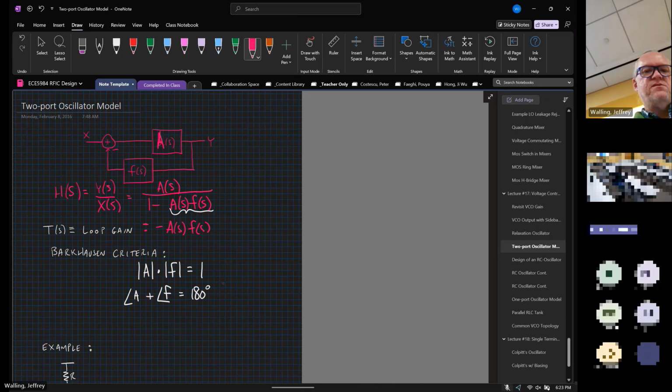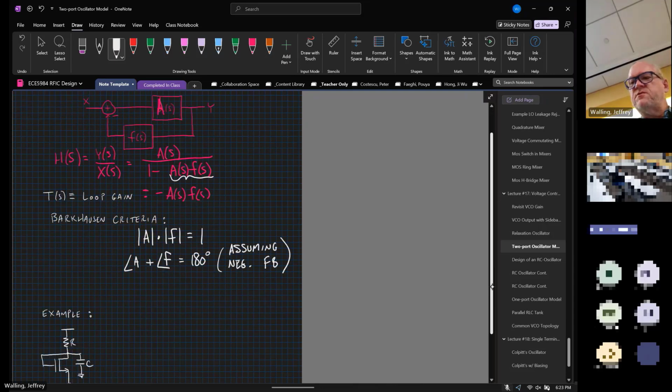And this is assuming negative feedback. If we already had positive feedback, then we would need 0 degrees. Okay, so now this is a condition that we say is necessary for oscillation, but not necessarily sufficient for oscillation.